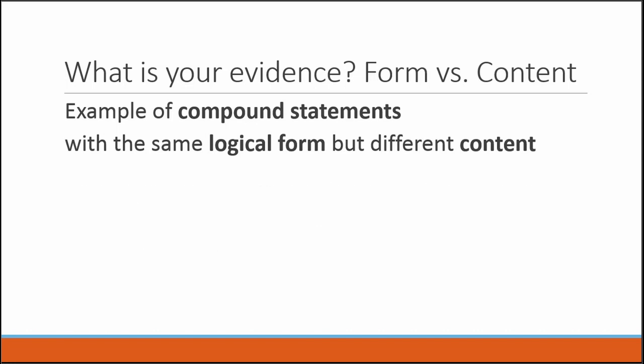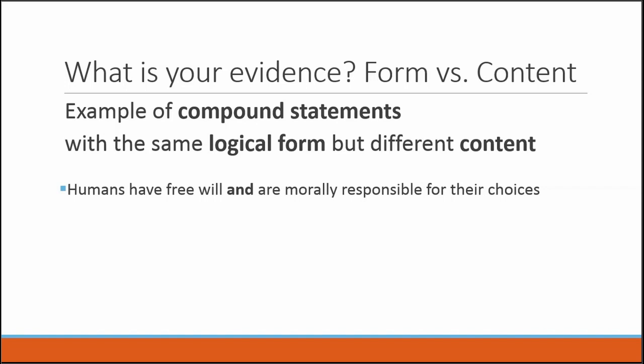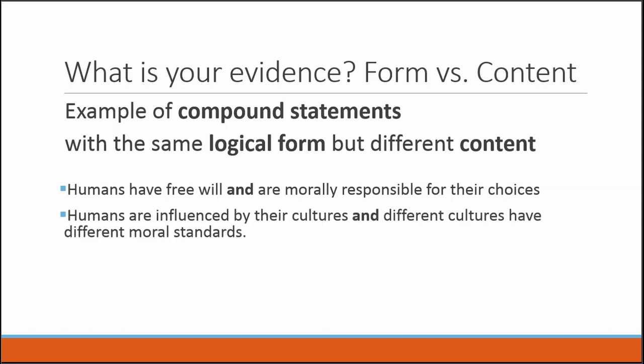Again, here's the logical connector and. Humans have free will, simple statement, and humans are morally responsible for their choices. Humans are influenced by their cultures, and different cultures have different moral standards.